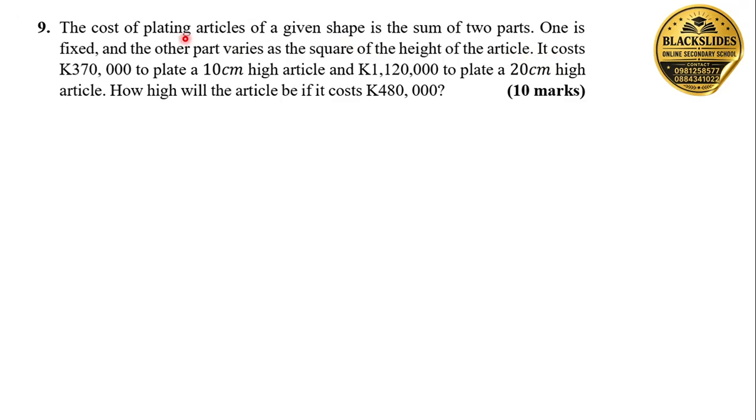It costs 370,000 to plate a 10 centimeters high article and 1,120,000 kwacha to plate a 20 centimeters high article. How high will the article be if it costs 480,000? This is a partial variation problem.